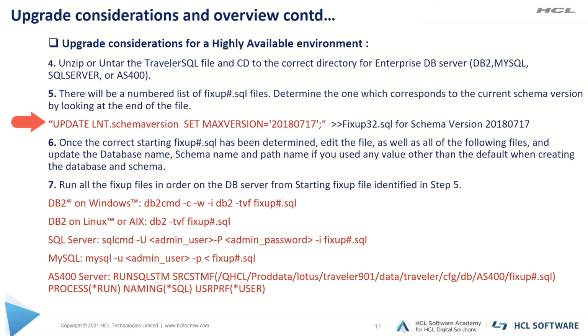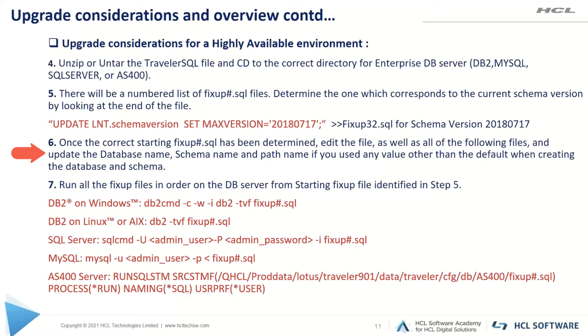Before executing, you need to open this file and check whether the database name, schema name, and the path mentioned in this file are default to the existing database name or the schema name. If not, then you need to modify this file and the subsequent files. For example, you will modify fixup32.sql, then fixup33.sql, then fixup34.sql.